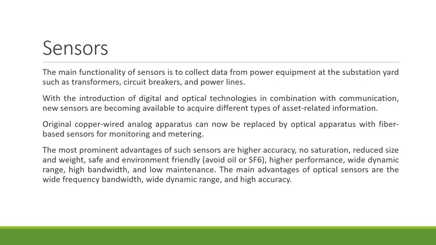So the most prominent advantages of these sensors are higher accuracy, there will be no saturation, size is small, weight is small, and from the environment point of view, it is safe as well as friendly, which is required. It should not harm the environment as well.